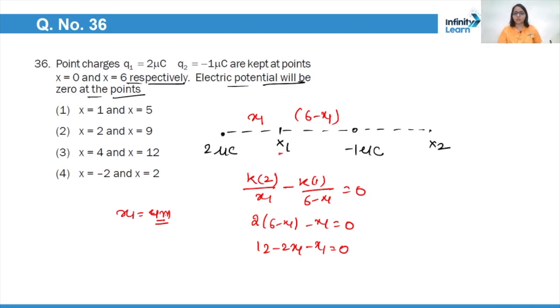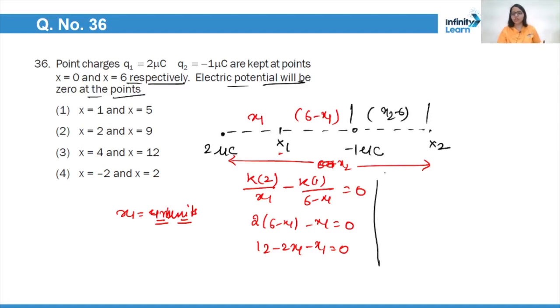Next is 4 units. We can write it as 4 units. Next is at x2. So from 2 microcoulomb, the separation is 6 plus x2, or just x2, since we are taking it from the origin. So this is just x2 and this will be x2 minus 6. Total is x2. We need to subtract 6 from here, right? So this much distance will be x2 minus 6.